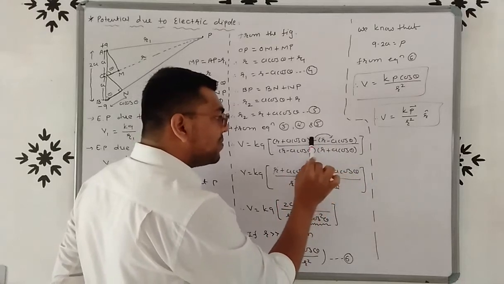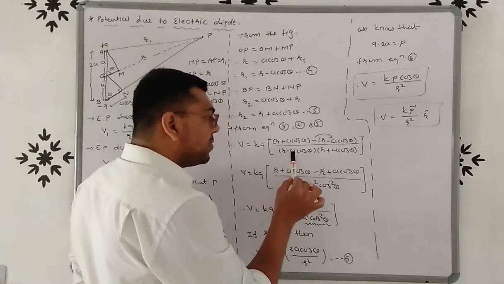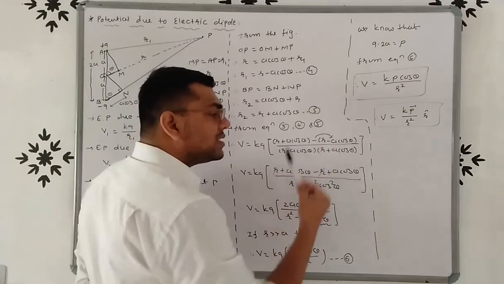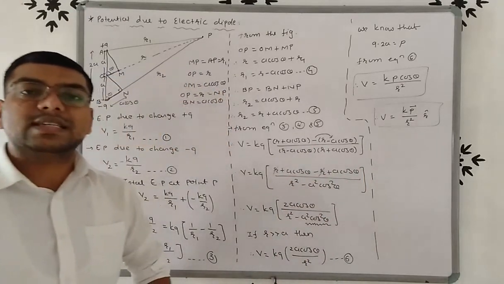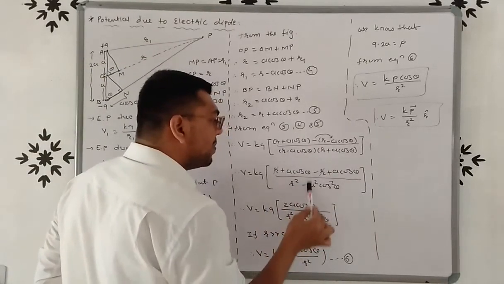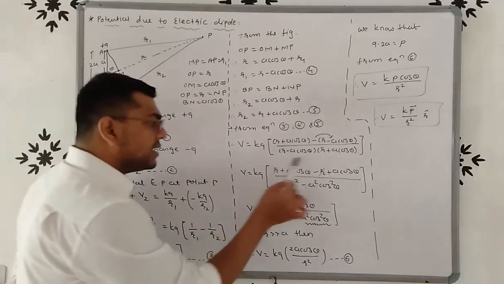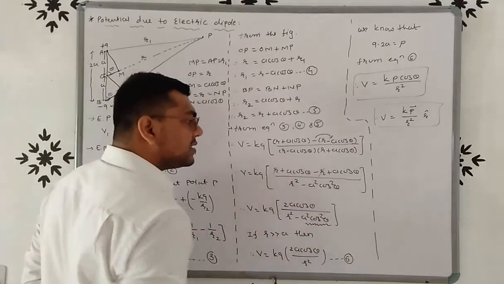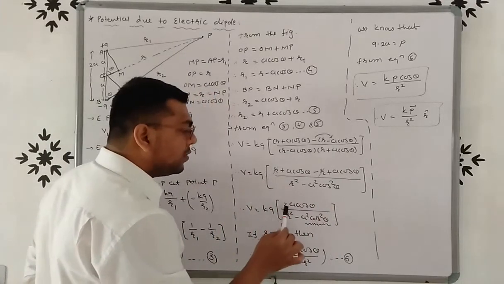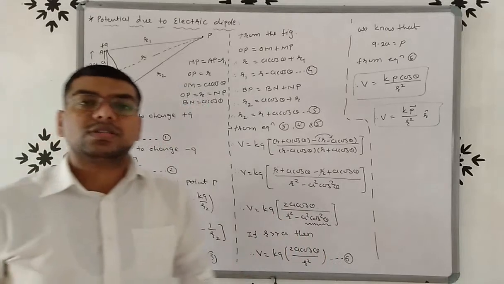So minus R minus plus a cos theta. Now see here, this is the formula of (a minus b)(a plus b), that gives a square minus b square. So a square is R square, minus b square is a square cos square theta. So this R cancels. So a cos theta plus a cos theta. So Kq into 2a cos theta upon r square minus a square cos square theta.